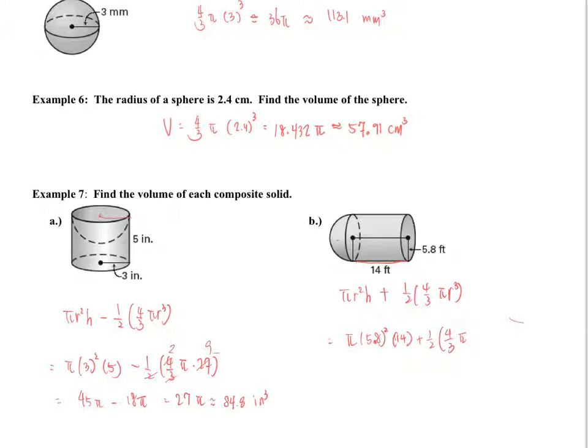And the radius of the half of the cylinder is also 5.8, and we want to cube it.